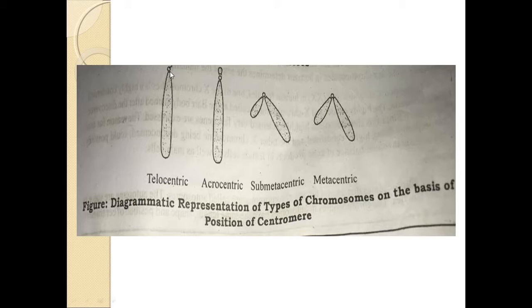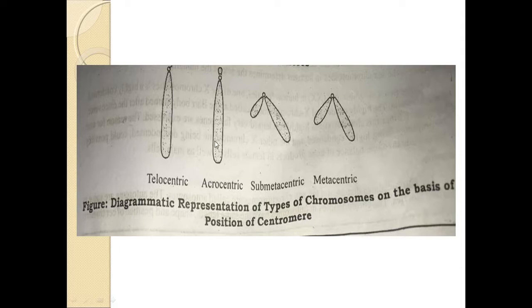This small circle is the centromere, which we find only at the end of the chromosome. So we call it as telocentric chromosome. In telocentric chromosome, one arm is very long and the other arm will be very short.